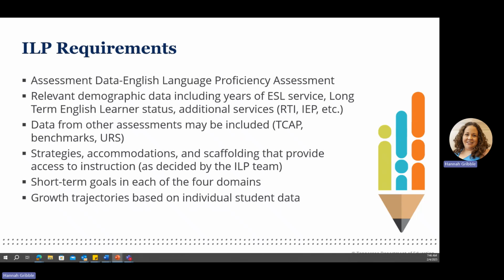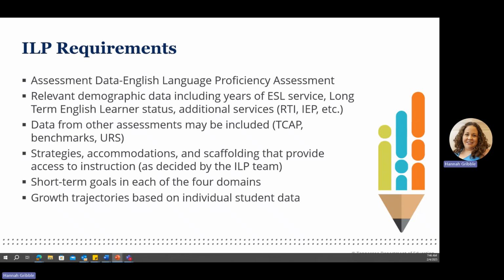Rule covers individual learning plan requirements. ILPs must have assessment data from the English Language Proficiency Assessment. They must include relevant demographic data, including years of ESL service, long-term English learner status, and additional services like response to intervention and individualized education programs.